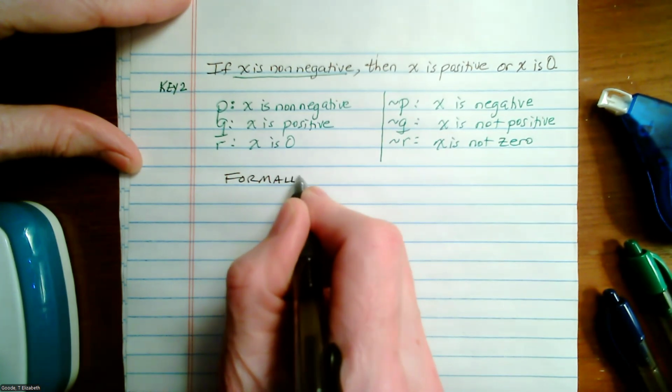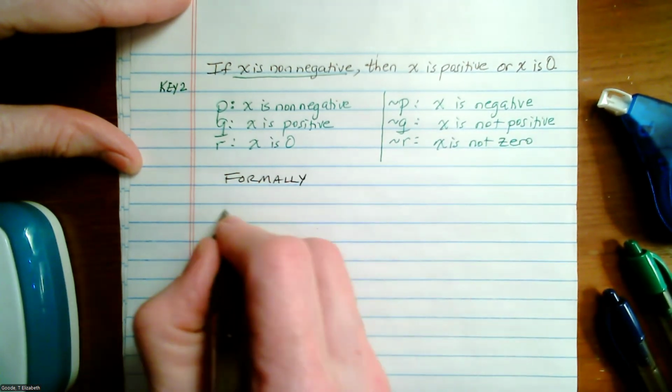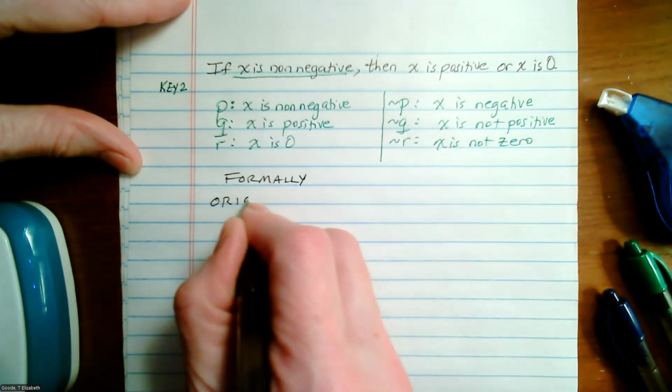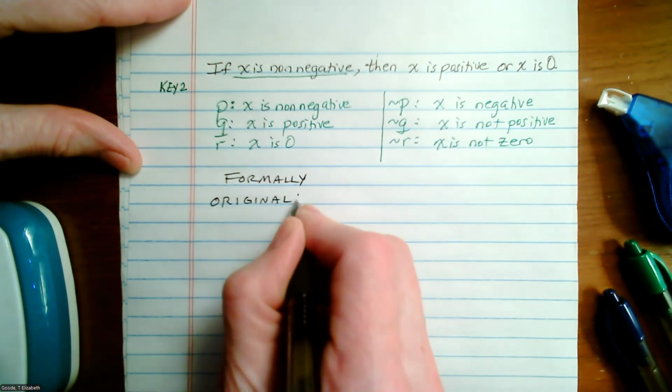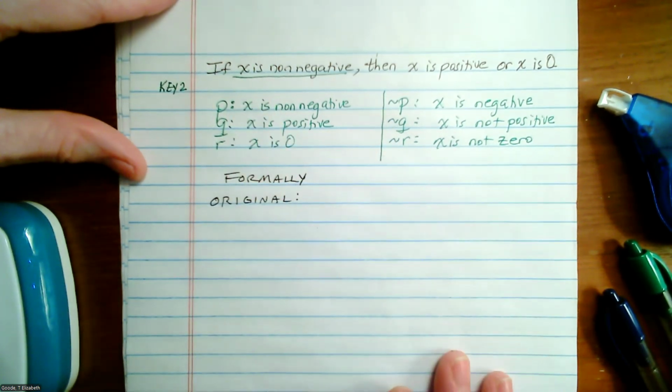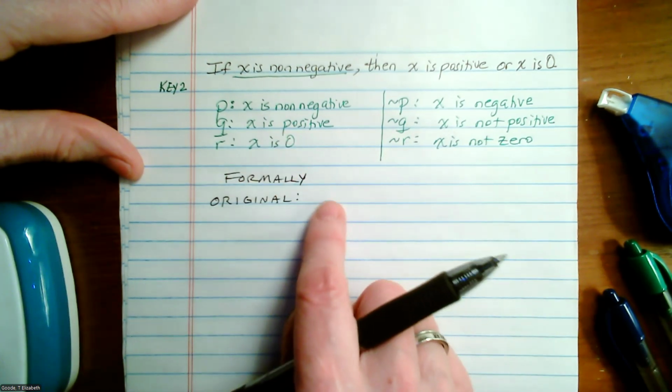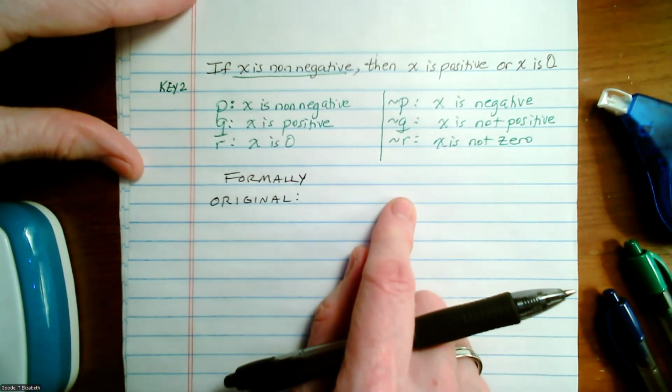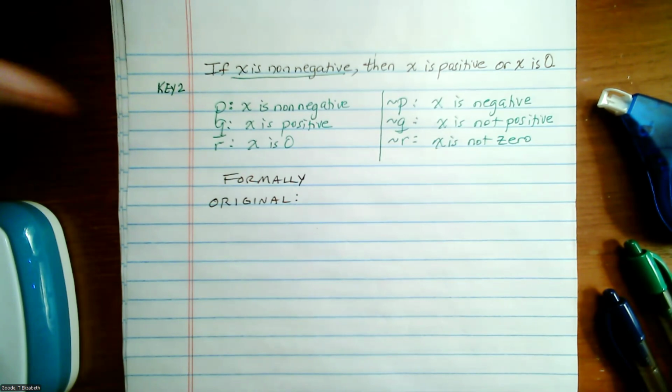So why don't we try, we'll go ahead and write our original again now because we have a different symbolic representation for the original because we have a different key. So what is the original going to be written as using formal notation with this key?